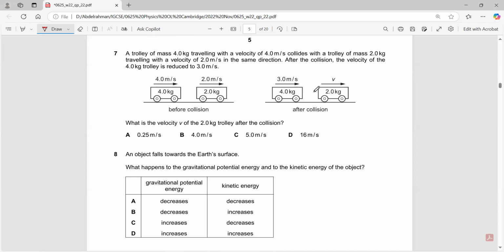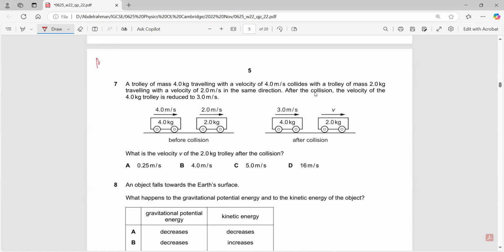So it's quite obviously going to increase. The velocity will increase. Can I use the equation? Yes. What is the equation? m1u1 plus m2u2 is equal to m1v1 plus m2v2. We have everything.